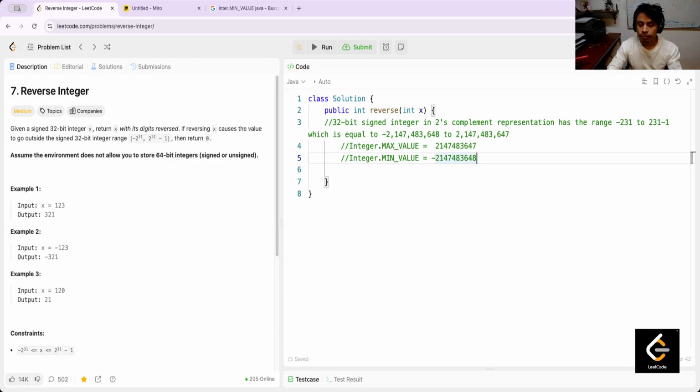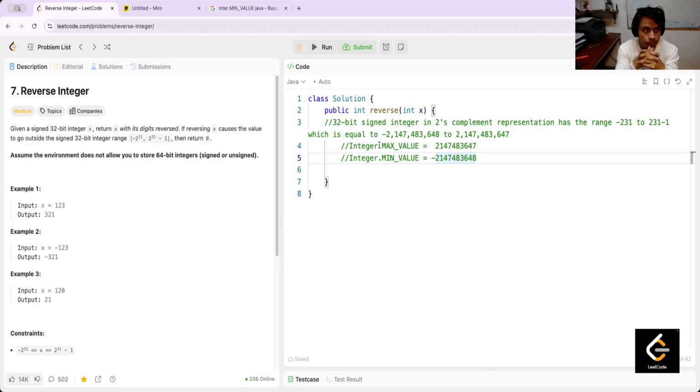Having this, the idea is that the first step is to reverse this number, and after that, we need to try to save this value in an integer. If this is not possible, we need to return 0. In the other case, return the number.